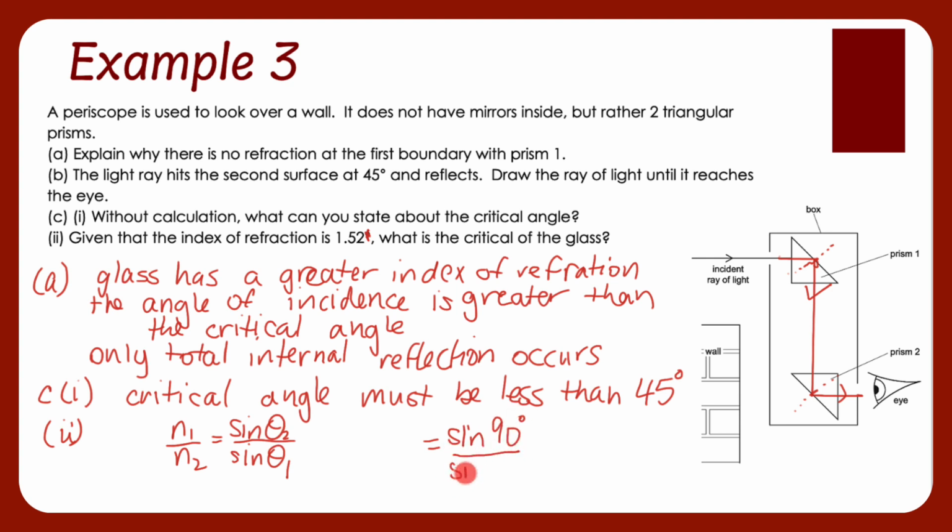And our incident angle is actually going to be the critical angle. In order for us to have this, it would be going from glass, 1.52 we're told, to air. I need to rearrange my equation. And if I pick up my calculator, I get 41.1 degrees.